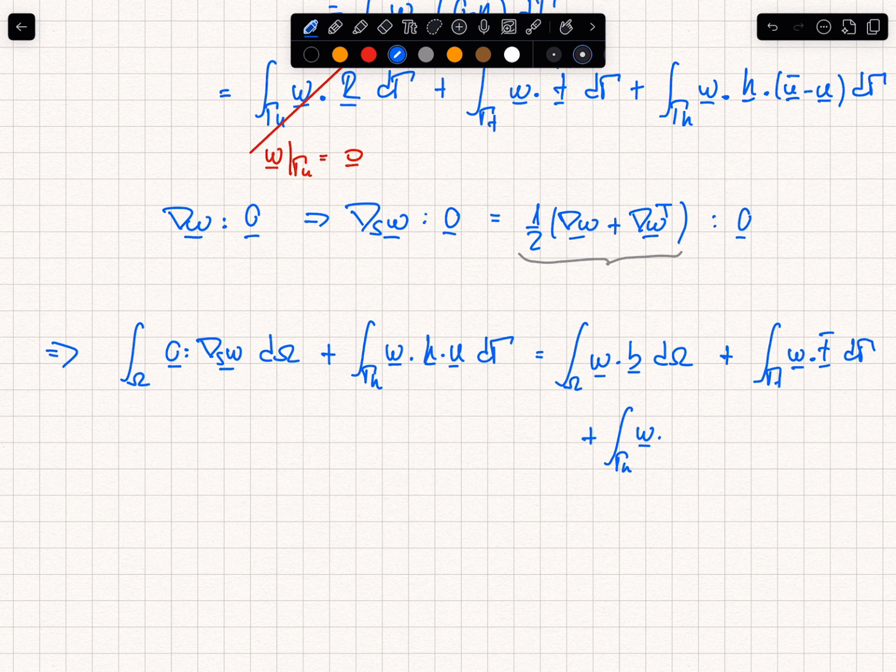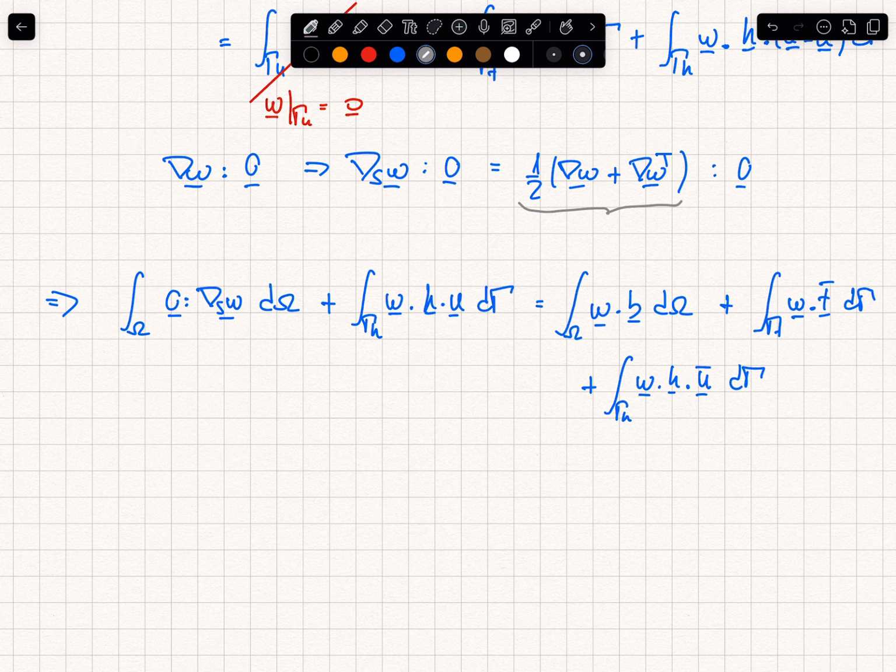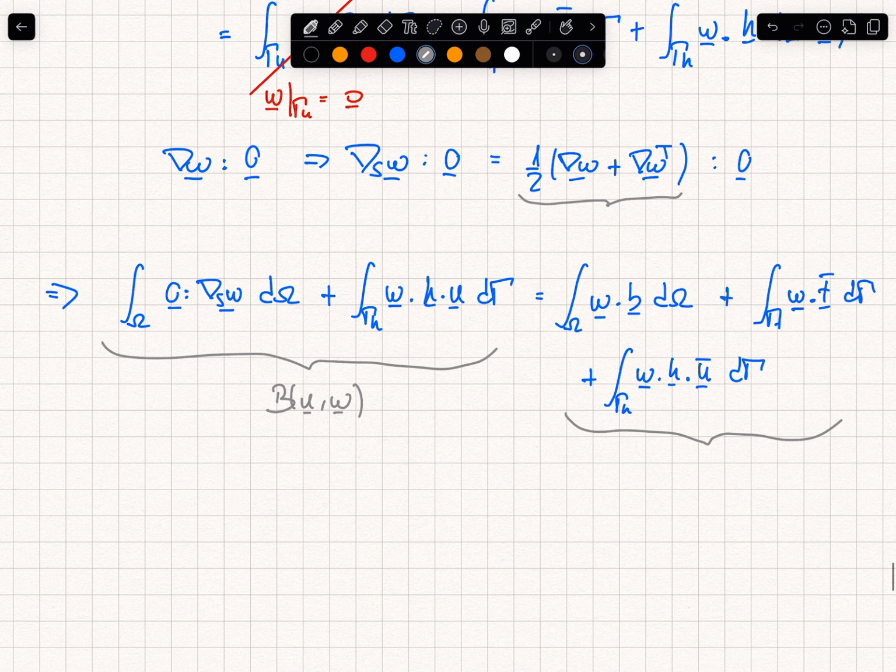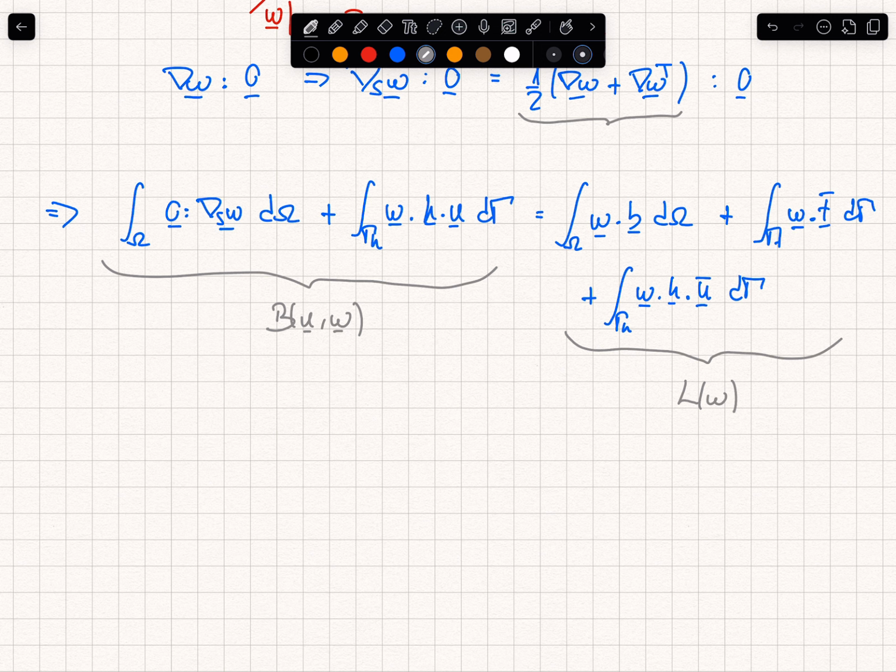Remember that my U bar is something that we know the value of, so we can actually use it, and it's going to modify the right-hand side. So everything that you have on this side of the expression is our bilinear form, and everything that we have on this side of the expression is our linear form.